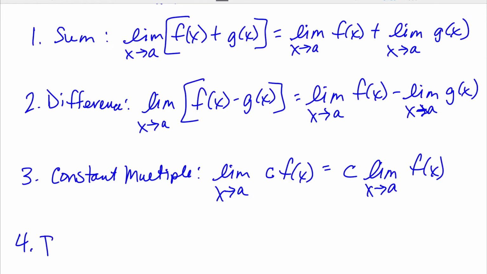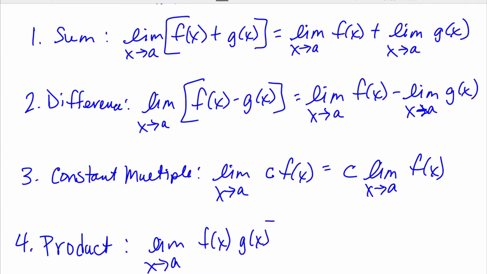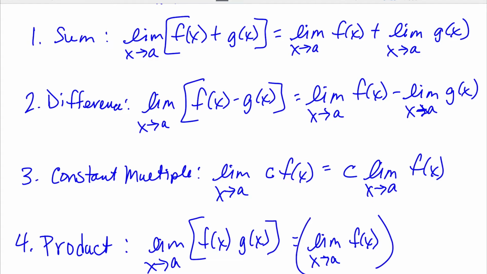Product, same thing. If I'm going to take the limit as x approaches a of these two functions that are multiplied together, you can take the limit of each one and multiply that together.